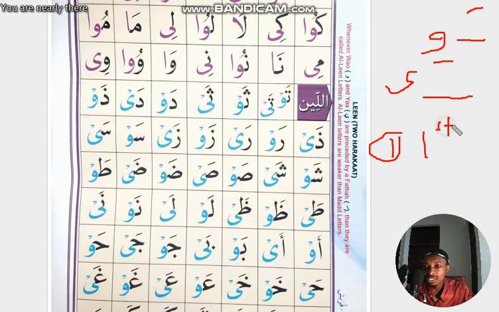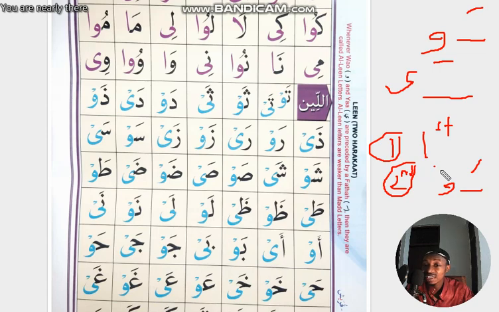And the second case of Madd Leen, which differentiates it from the Madd Asl, is when it occurs at the end of the last word, and that letter has a fatha, followed by a Waw or Ya which has a sukun.